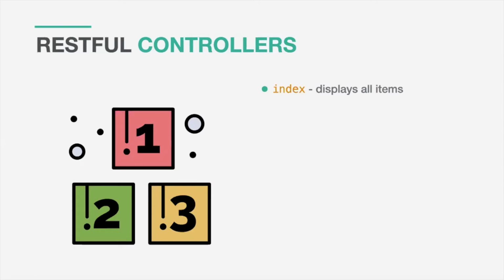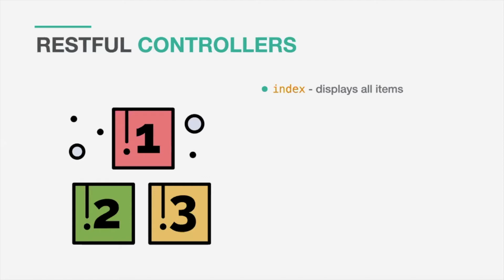And generally, this is because this will be the home page of your site. Say, for example, if you were building a blog in Laravel, well, the home page, the index, would display all of the posts that you would want to show to the user, or maybe the most recent ones. But that would be the index method, and that's the one we used last week.